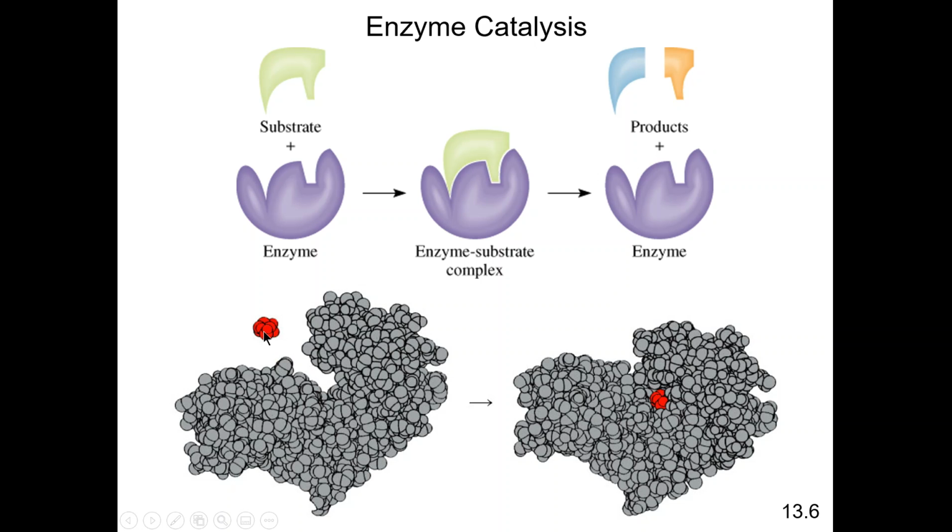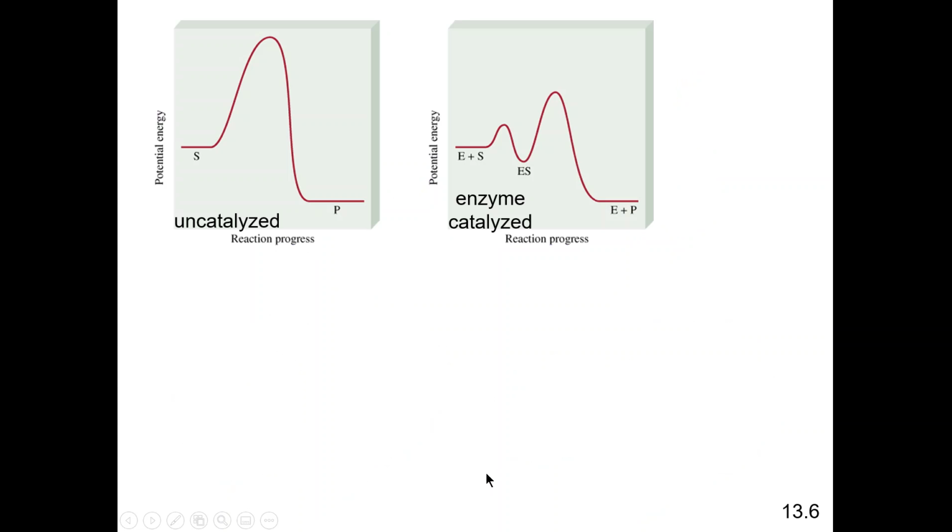So the molecule goes into the cavity, fits in there, and it also alters the shape of the enzyme as well. And then eventually the substrate will break up to form simpler products. Okay, so this is showing you what happens in most enzymatic reactions, compared to the uncatalyzed reactions.